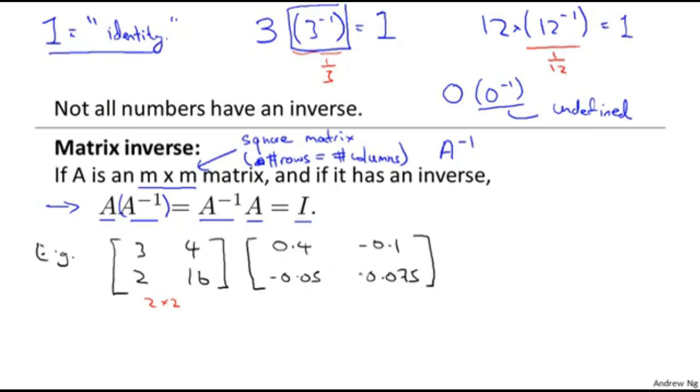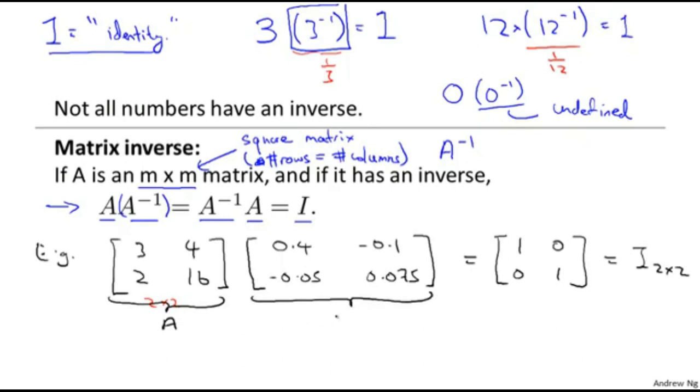And if I take this matrix and multiply these together, what I get is the 2 by 2 identity matrix, I. I can write this as I 2 by 2. Okay? And so on this slide, this matrix is the matrix A, and this matrix is the matrix A inverse. Here I've computed A times A inverse. It turns out if you compute A inverse times A, you also get back the identity matrix.